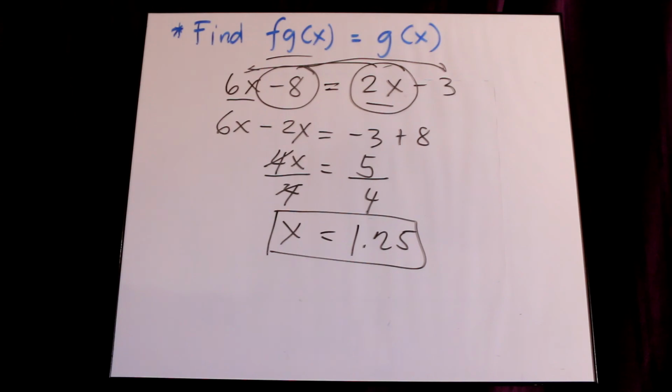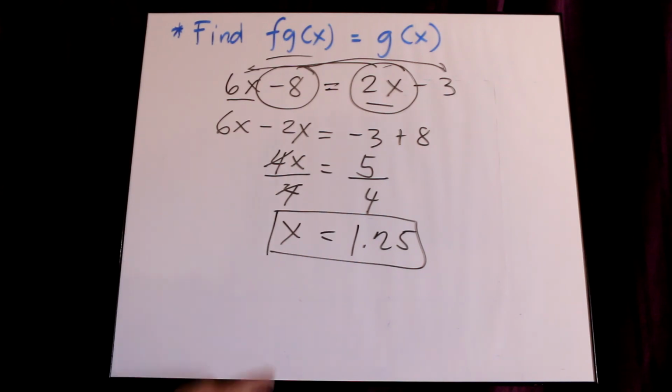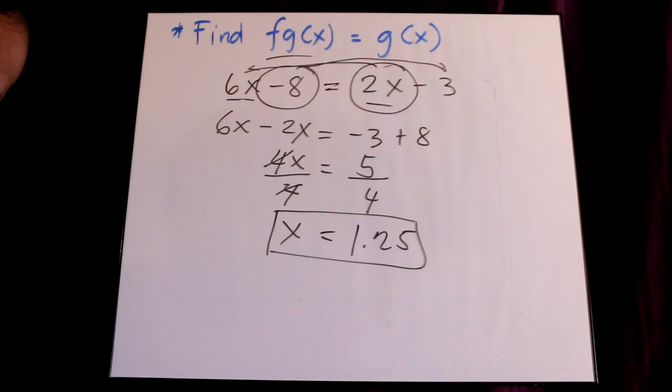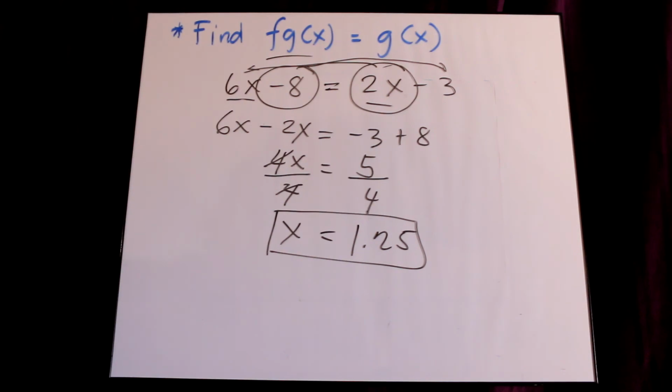If we multiply also 1.25 times 6, that is 7.5 minus 8, your answer would be negative 0.5. So in both equations you can obtain negative 0.5. So that means the answer for this is 1.25. It's easy, right?